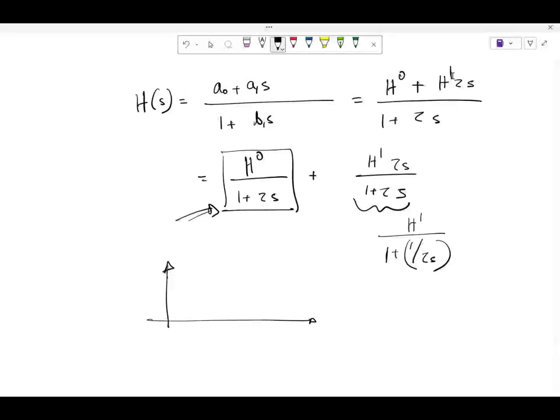Input is a step, so the output will be of this form, 1 by 1 plus s by a, s plus a, right? So what is the step response of that guy?